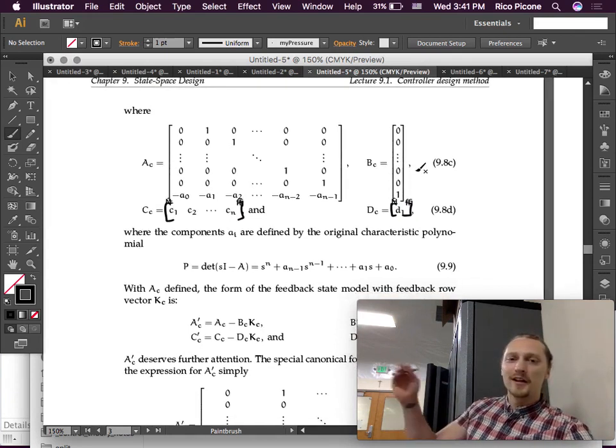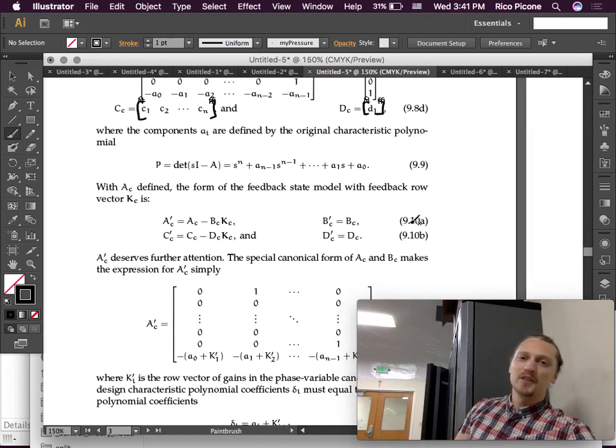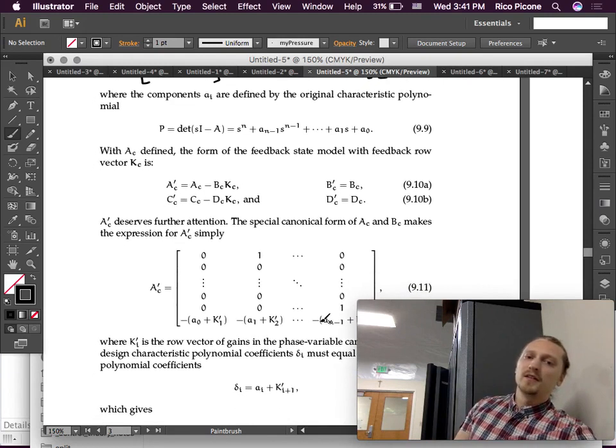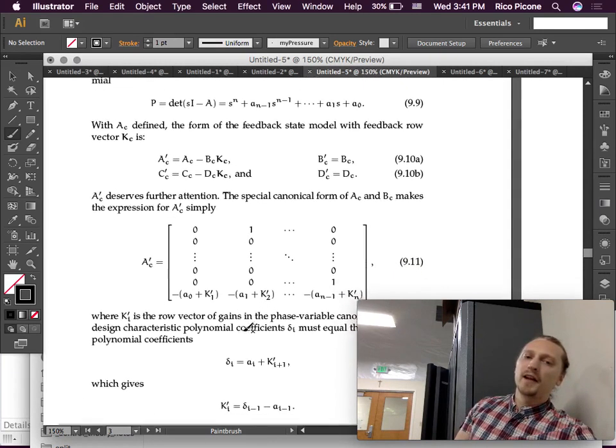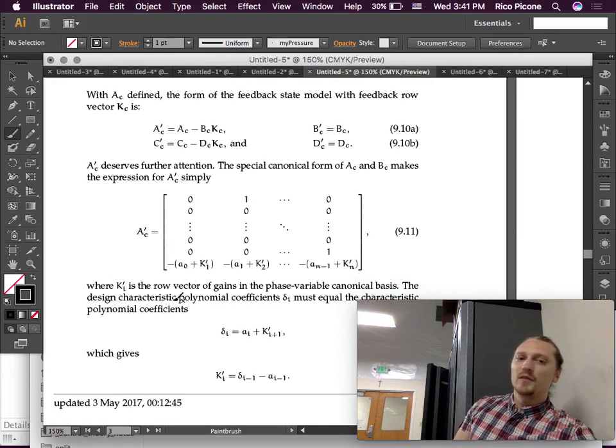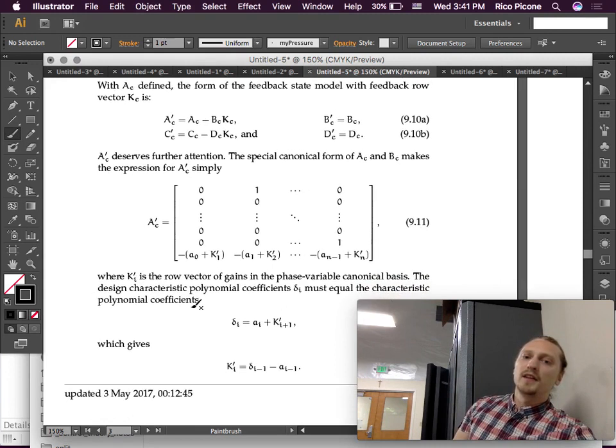So that's pretty much irrelevant, except there's a one in each row all the way down to the very end. At the very end, we have a row that has a K value and one of these a coefficients, where K_C prime is the row vector of gains in the phase variable canonical basis.